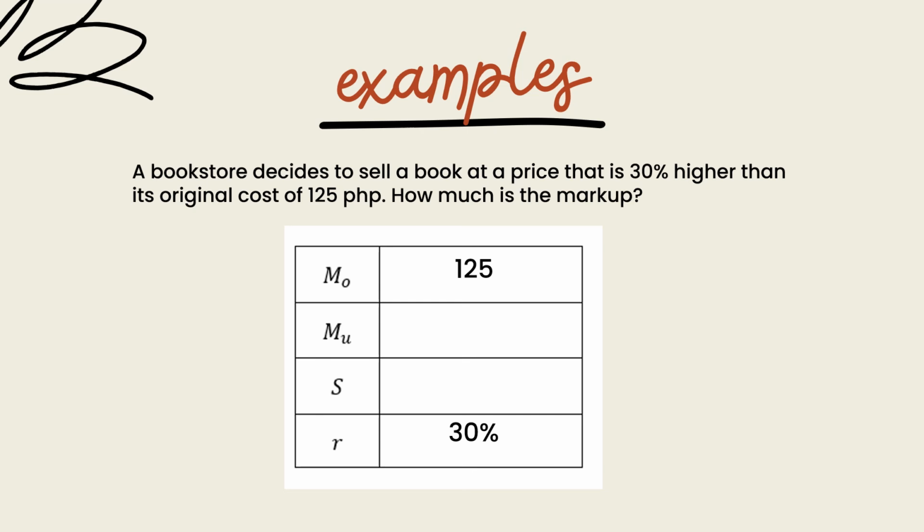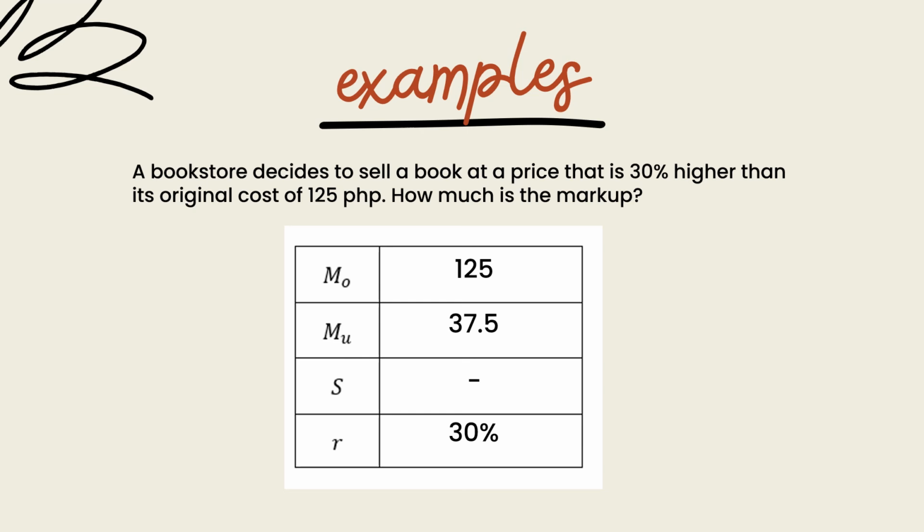So you need to find M sub U and S. So in our question, hindi naman hinahanap kung ano si S. So hindi naman naka-indicate na what is the selling price. So it depends sa'yo if you want to find it or just find M sub U. So look at the formulas if you have a formula that would direct you to M sub U without looking for S.